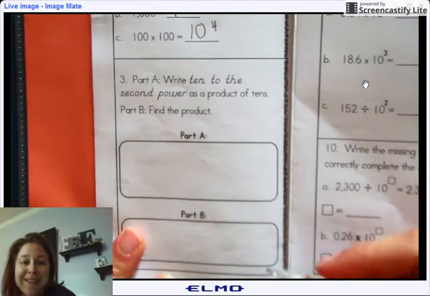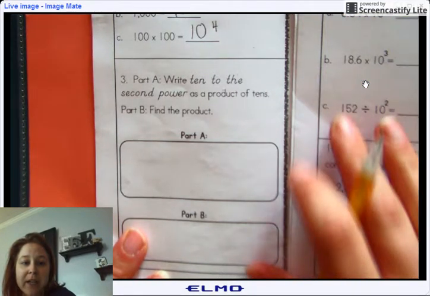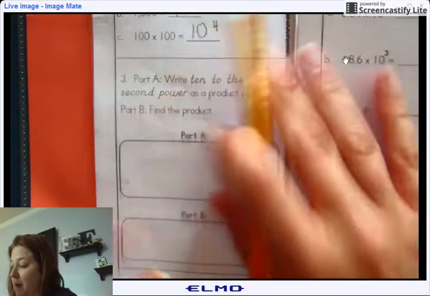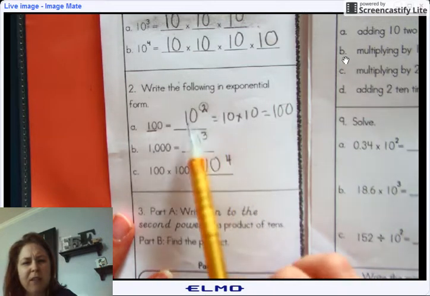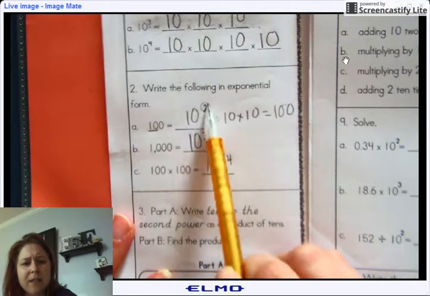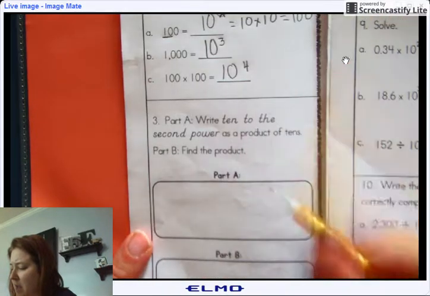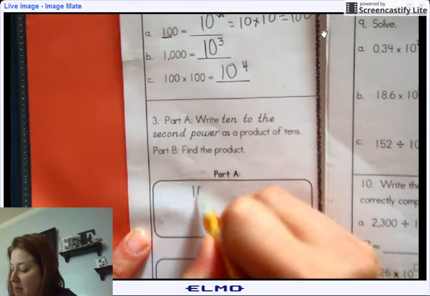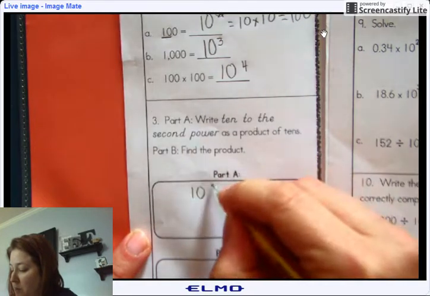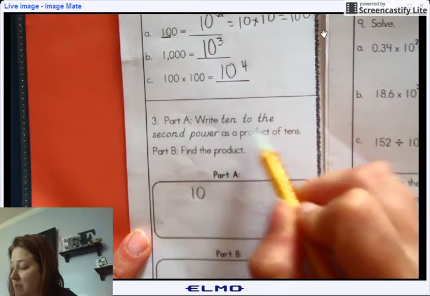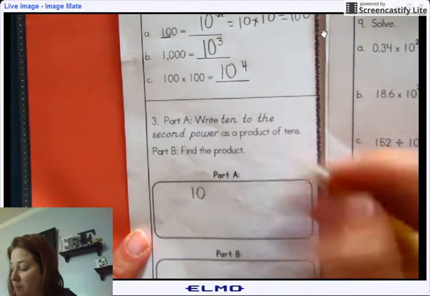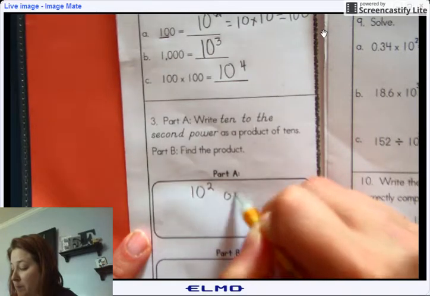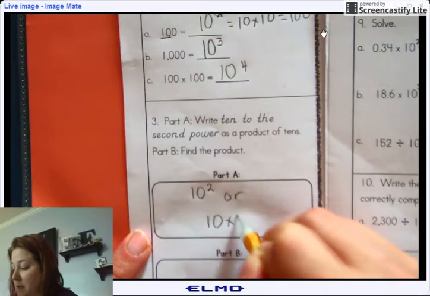Part 3, write 10 to the second power as a product of tens. Find the product. Write 10 to the second power. That looks vaguely familiar. So part A is write 10 to the second power, or 10 times 10.